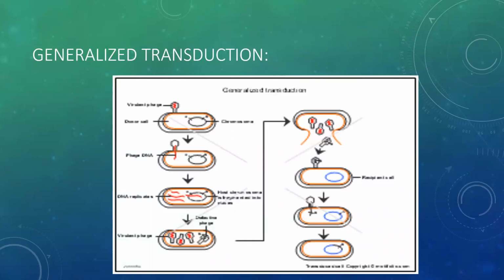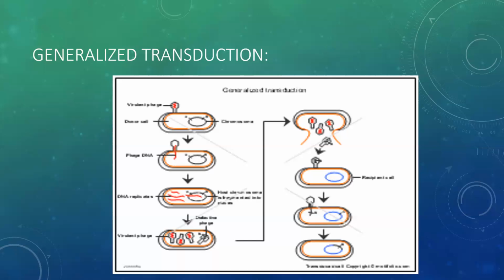In case of specialized transduction, if the bacterium does not have the ability to have an active GAL gene, or does not have the GAL gene in it, due to this transduction process it will acquire the GAL gene, then it will be able to metabolize galactose present in the media. So if a bacterium does not have the GAL gene, due to this specialized transduction it has acquired the GAL gene. Now this bacterium also has the ability to metabolize galactose.